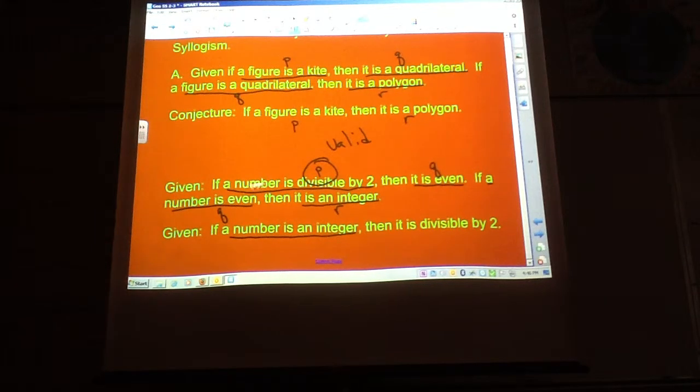Oops, well our P is a number is divisible by 2. So if we're given R here and not P, then we cannot conclude whatever the conclusion is here, which happens to be P. So this would be an invalid argument. We would have to have P here to imply R here for it to be the law of syllogism. So that one would be invalid.